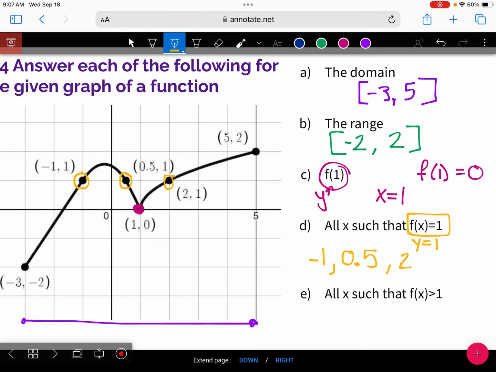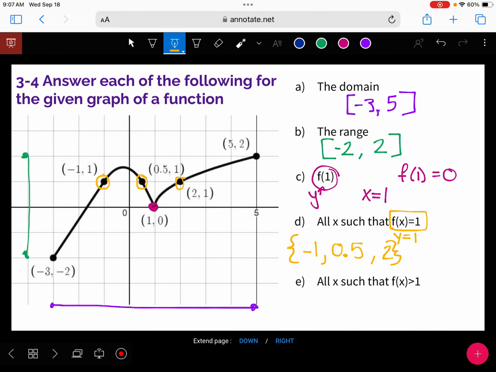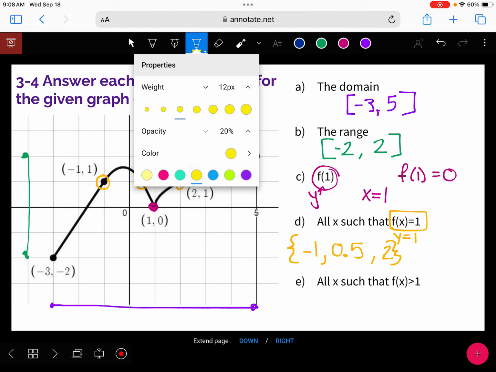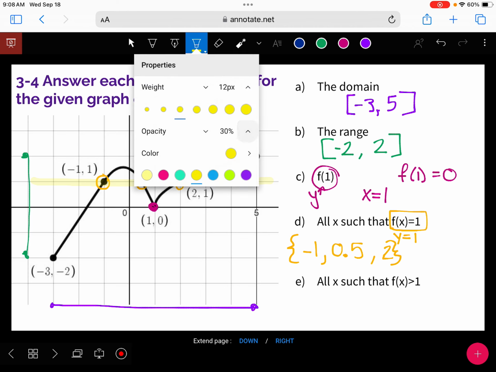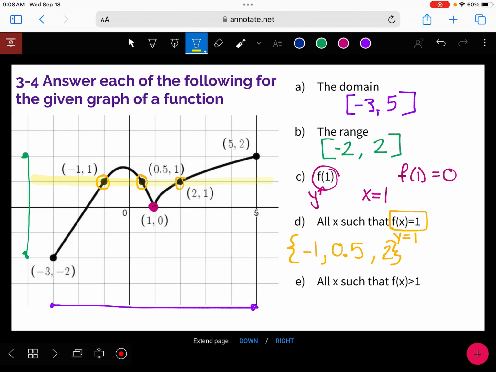So when we're writing this as our interval notation or writing in our sets, we're going to put our set bracket on either side of it. Squiggly bracket. What this is having us identify is where our function crosses the line y equals 1. That's what it's looking at here. Where our function crosses that line. And it's at -1, 0.5, and 2.